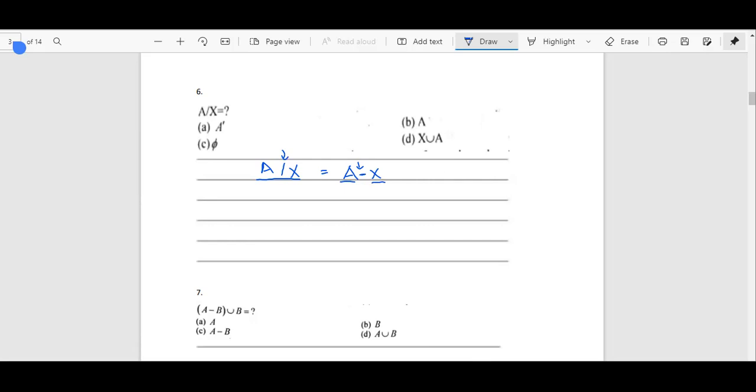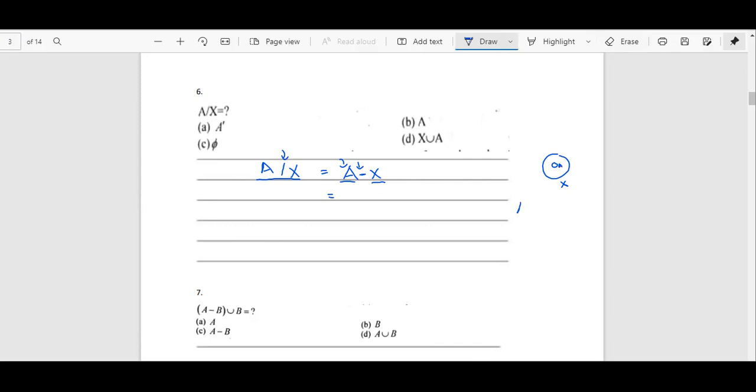If I am subtracting the universal set from the small set, obviously I'm going to get nothing, because I have a big set and then I have a small set, right? This small set is A and this big set is X, and obviously this X has A as well, okay? So maybe I should draw it this way just so things are more clear. Right, because X is the universal set and A is the small set.